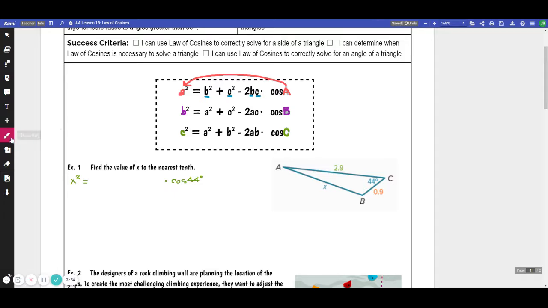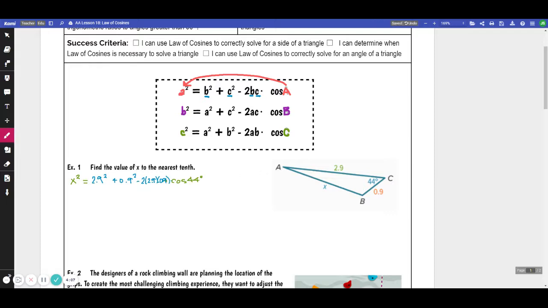This other stuff refers to the other two sides, 2.9 and 0.9. It doesn't matter which order you do them in. So 2.9 squared plus 0.9 squared, minus 2 times the two sides, 2.9 and 0.9, times cosine.